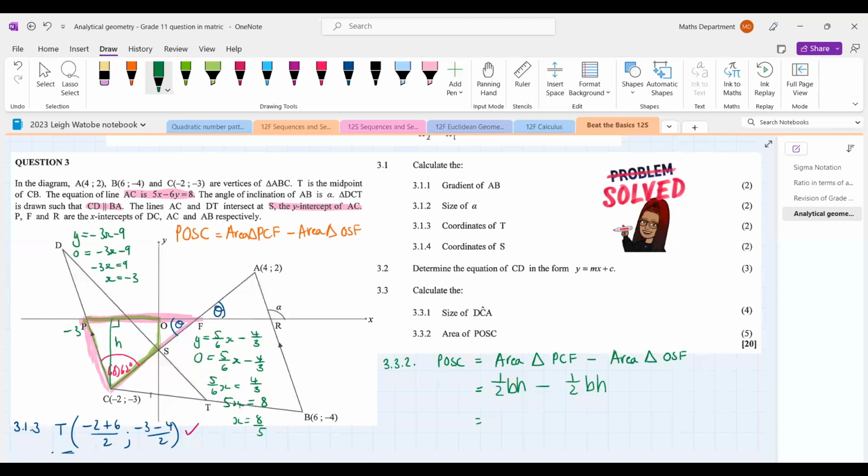We also know the equation of AC, which means we can calculate the coordinates at F. We get 8/5. So if I want to calculate the length of line PF, it is a horizontal line, so it is the x at F, which is 8/5, minus the x at P, which is -3.